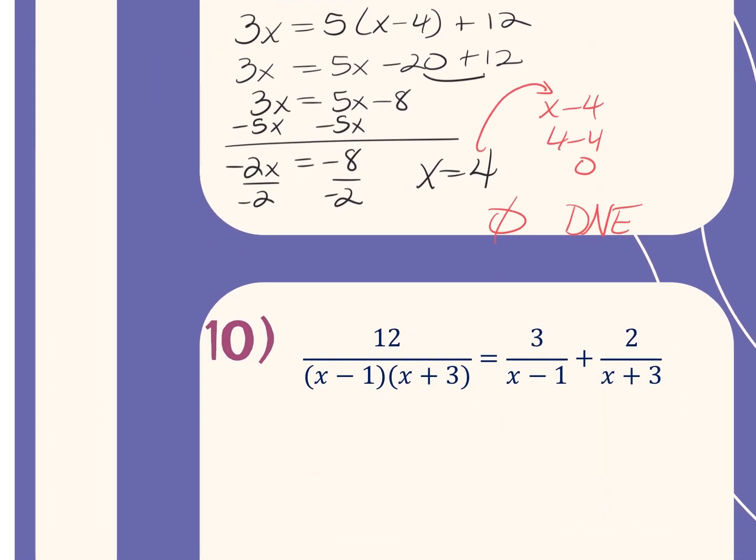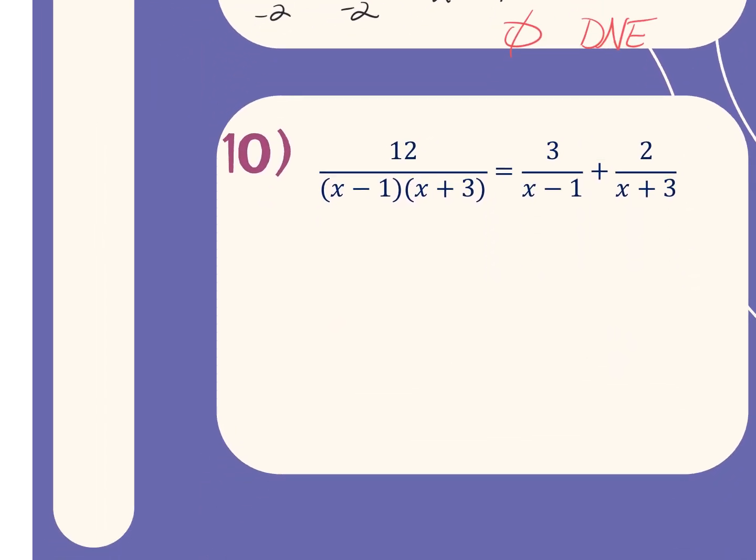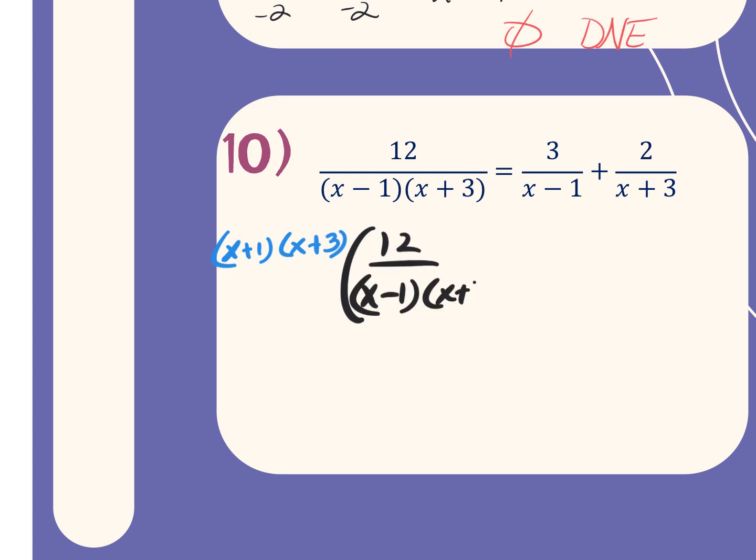All right, so the next one. I'm going to go ahead, and my LCD is the x minus 1 and the x plus 3. So x plus 1 times x plus 3. And I'm going to write it next to this term, the 12 over x minus 1, x plus 3.